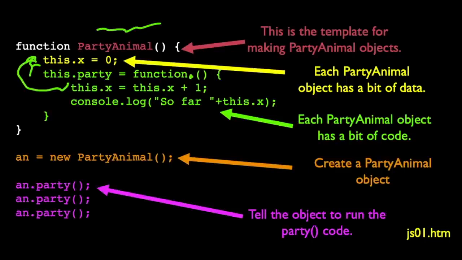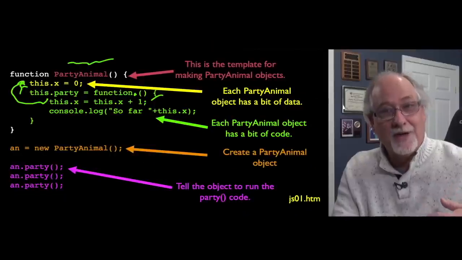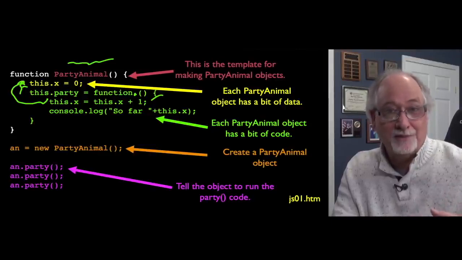Well, this.x is actually outside of the function, so this is an advantage. Because this.x is defined before the function definition, the function sees it. So we add 1 to that member variable, and then we put out a console log message, and that's our entire object. It's got one attribute called x and one method called party.